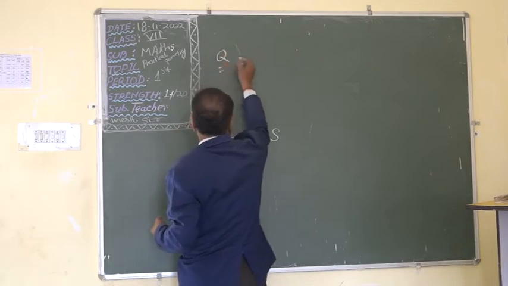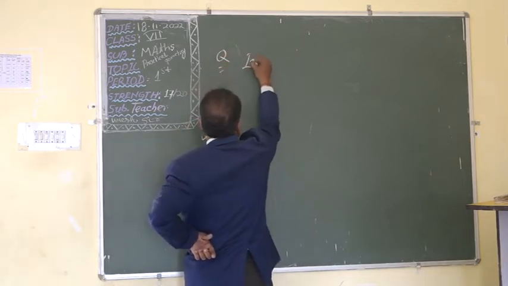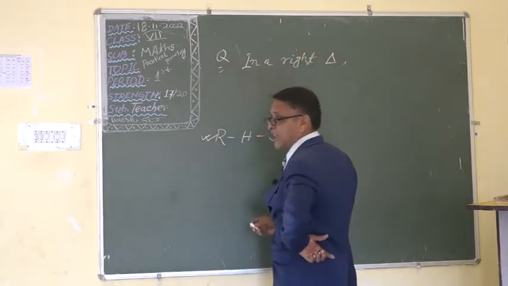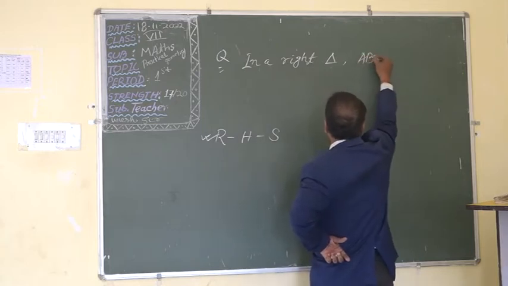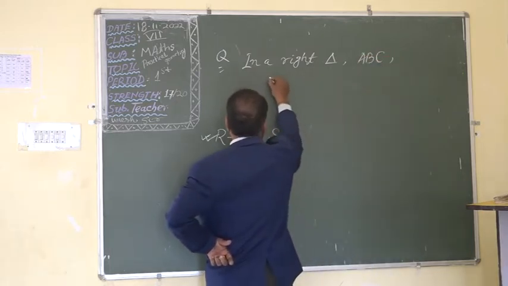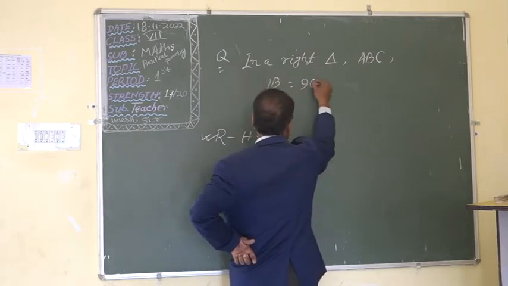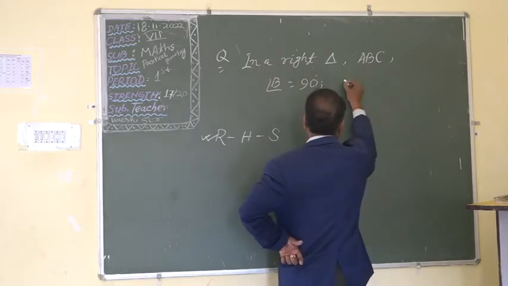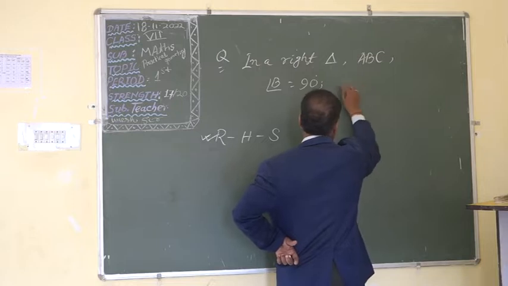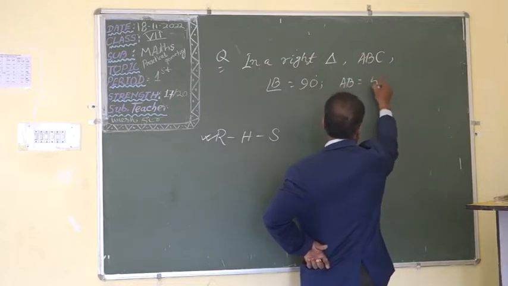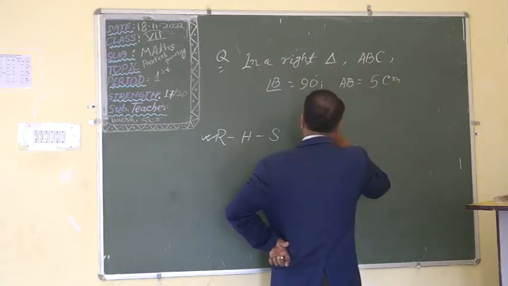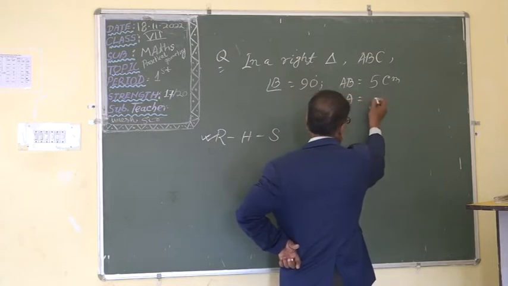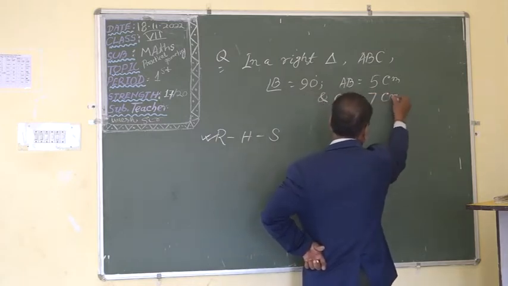Question, write down. In a right triangle, means right angle triangle, in a right triangle ABC, angle B is equal to 90 degrees, AB is equal to 5 centimeter and CA is equal to 7 centimeter.